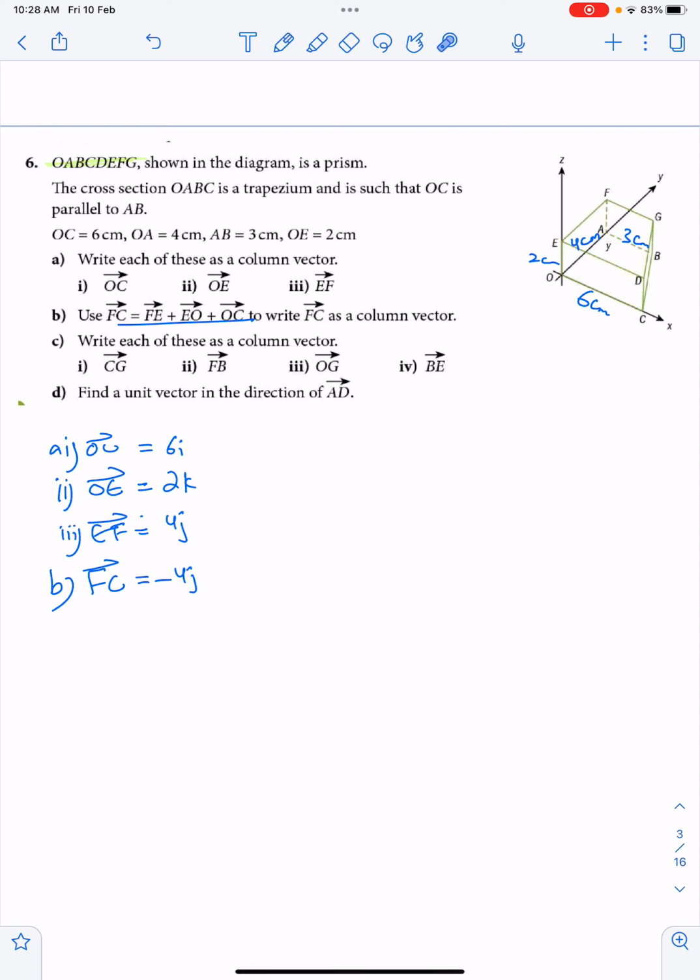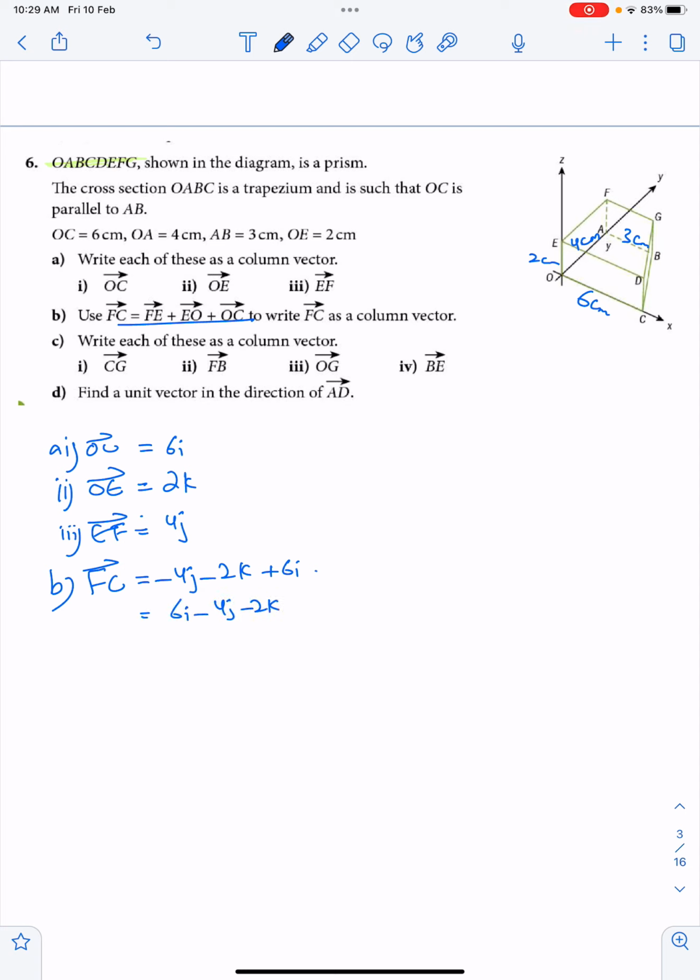The reason being, if you have to go from E to F, it's plus 4j, but if you're coming back, it will be minus 4j. Then you are coming down from E to O, so it's going to be minus 2k. And then you have to go from O to C, so O to C would be 6i. This is the answer. You can arrange them: 6i minus 4j minus 2k.